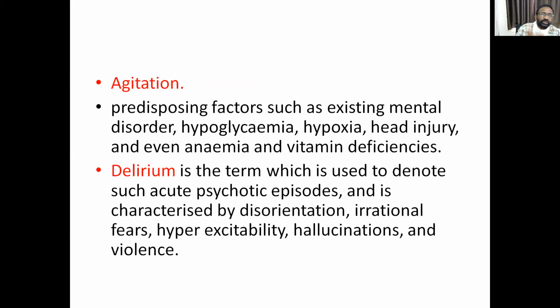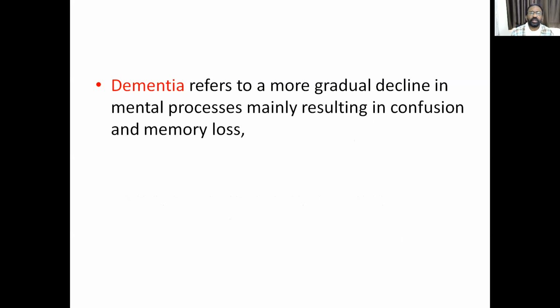Delirium is characterized by disorientation and fears, hyperexcitability, hallucination. This is the state of delirium under agitation. And dementia, that means loss of memory. All those features will be seen in an agitated patient.